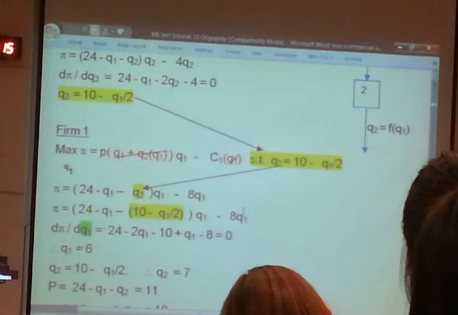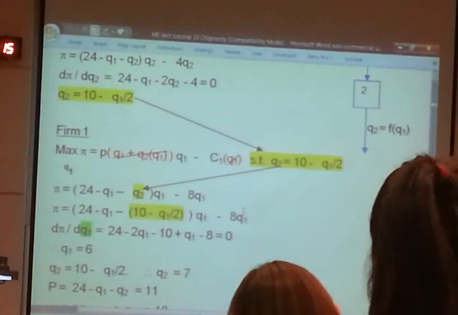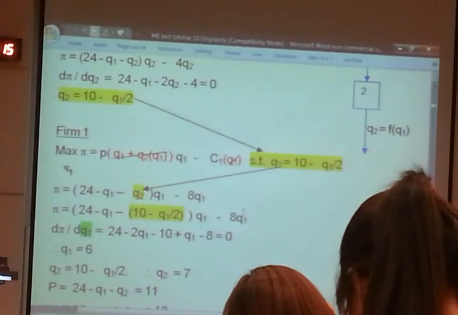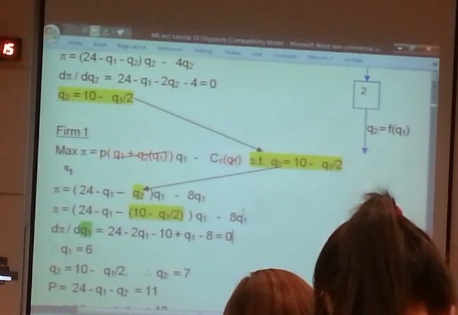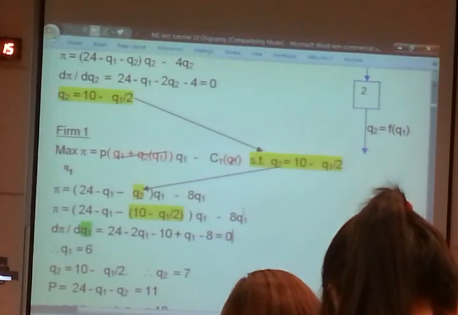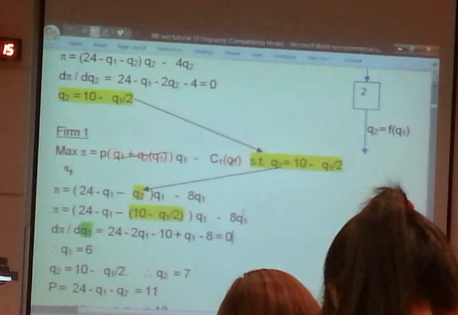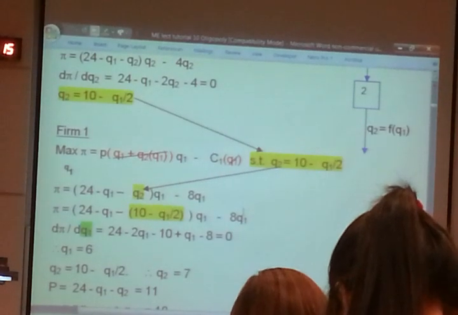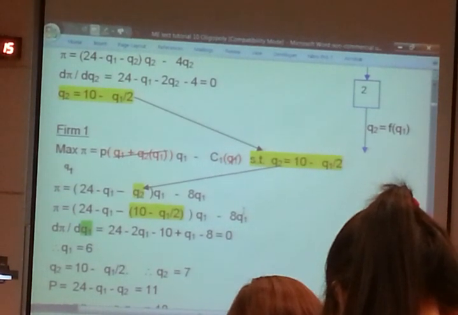Right? Constraint which we must obey. We have to differentiate. Okay? So this pi is a function of Q1. Differentiate this with respect to Q1, and you end up with this set to 0 to maximize profit.